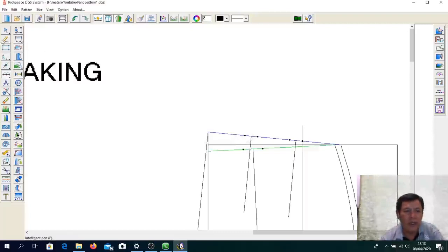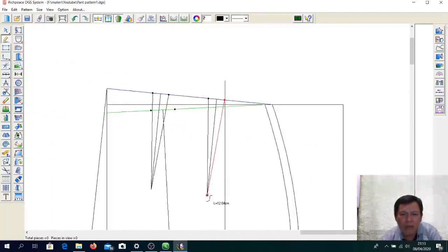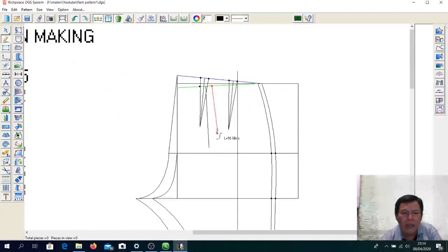Okay, so we have already the dart pattern. This is the back body. This is the back body, this is the second dart of the back body. This is the dart for the front body.